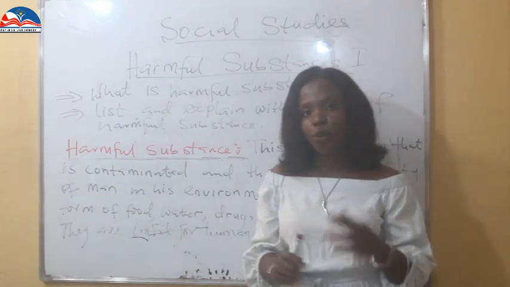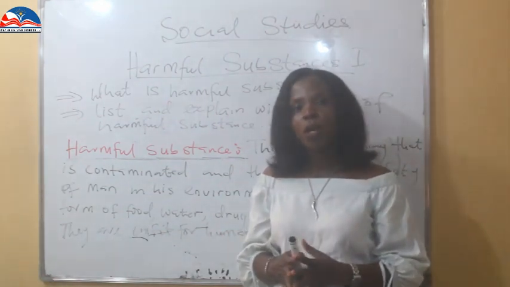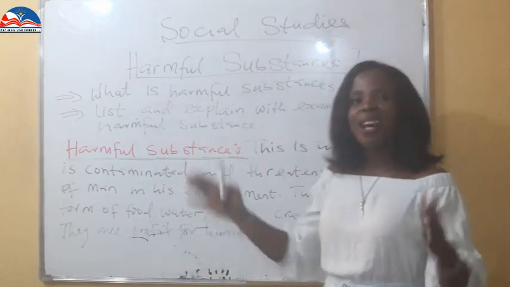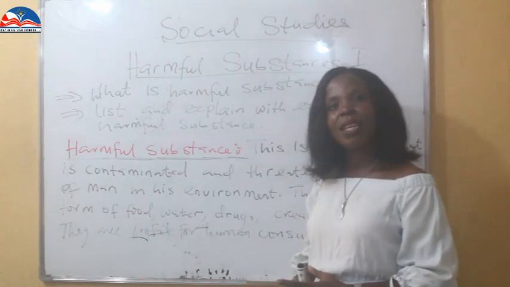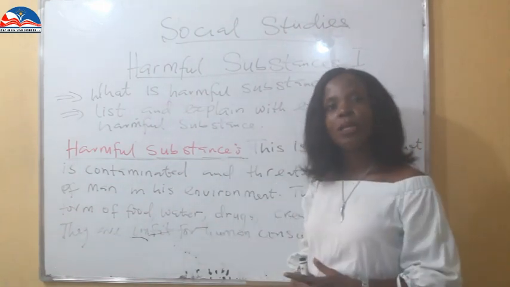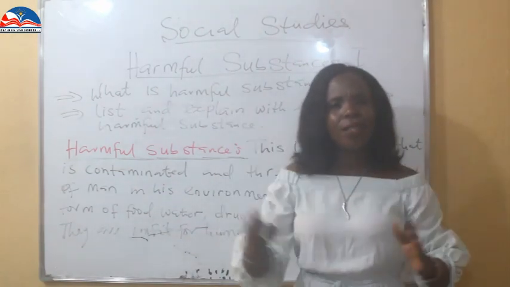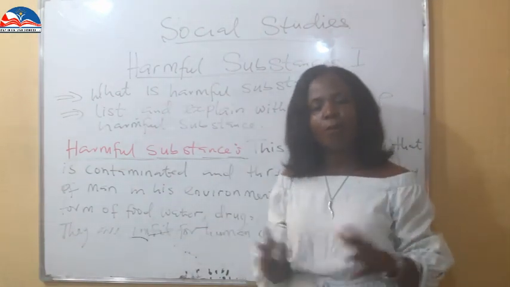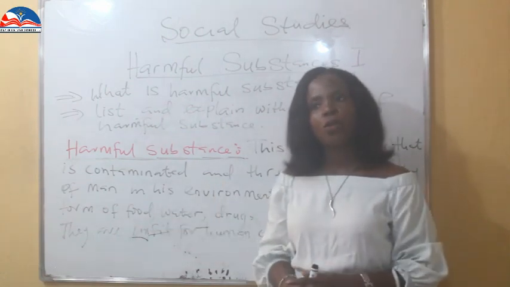Don't worry, in our examples where I will list and explain them, we're going to see some of these. Anything that is contaminated, anything that will cause harm to human, anything that man consumes and it threatens his health is harmful substance, and it is unfit for human consumption.